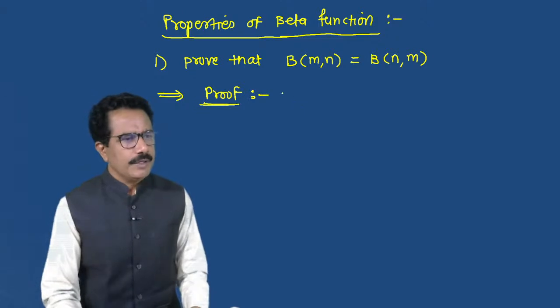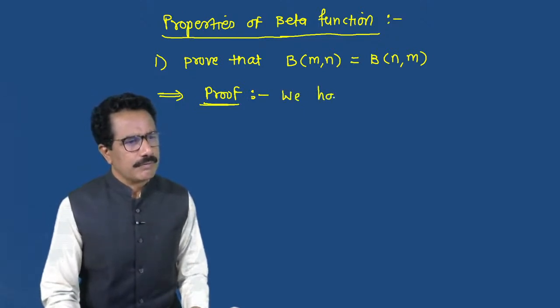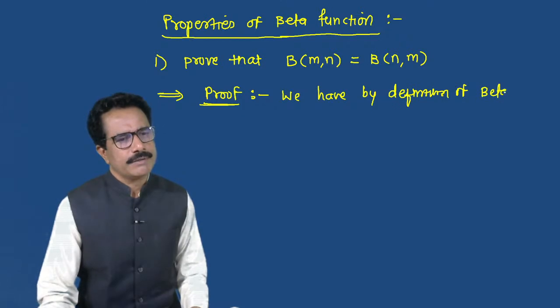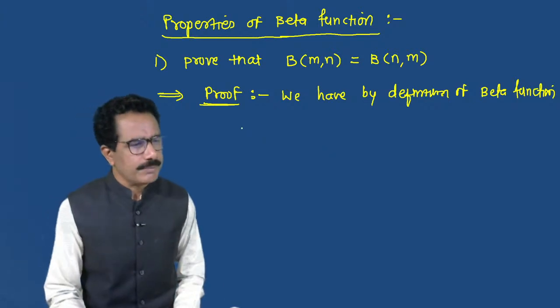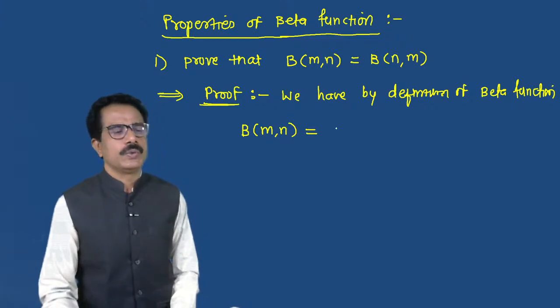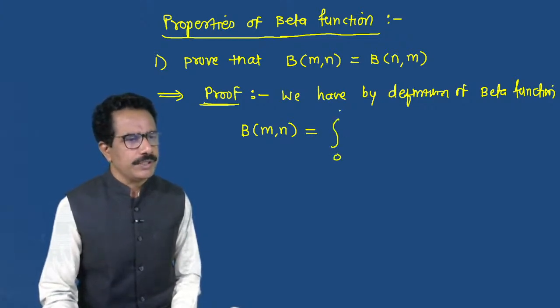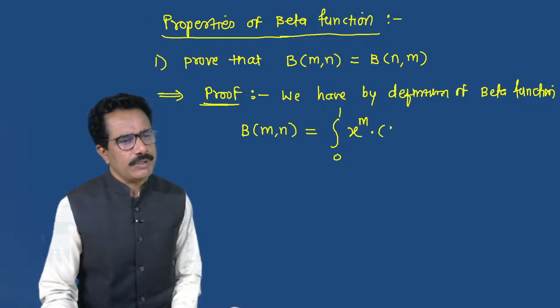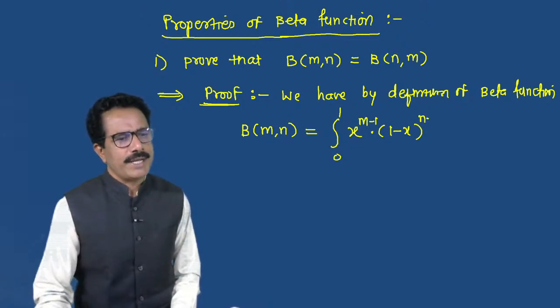See this, we have, by the definition of the beta function, what is the definition of the beta function? Beta of m comma n is equal to the integral from 0 to 1 of x raised to m minus 1 into 1 minus x raised to n minus 1 dx.